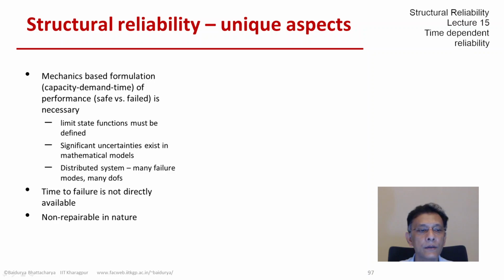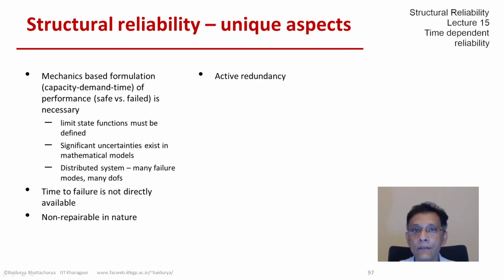From the systems modeling perspective, it's a non-repairable system, so the structure cannot be taken offline and replaced by an identical new system. It can be maintained, but it cannot be replaced, so non-repairable in technical language.